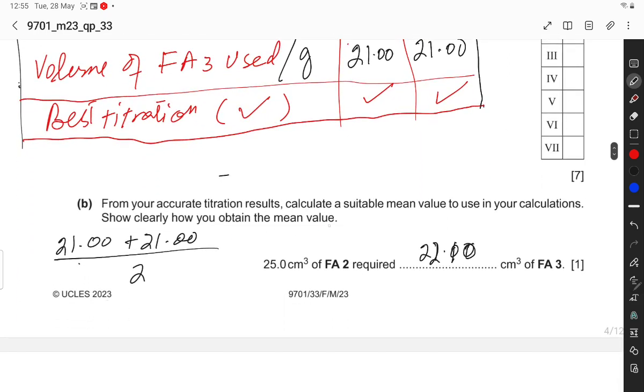From your accurate titration results, calculate a suitable mean value to use in your calculations. 21 plus 21 divided by 2, that is equal to 21.00.